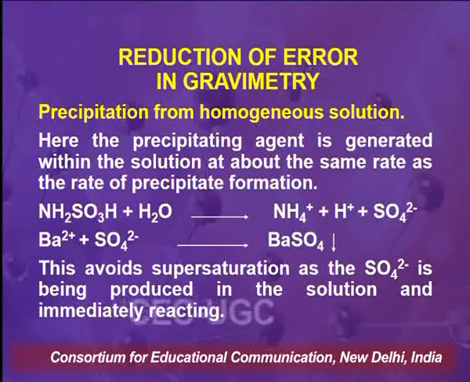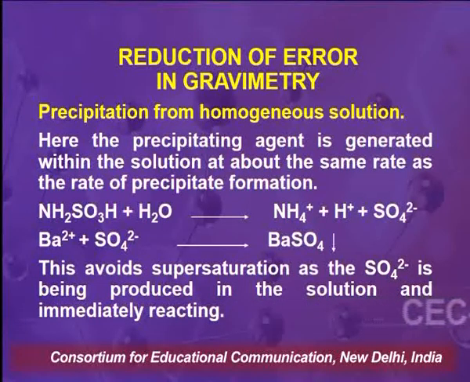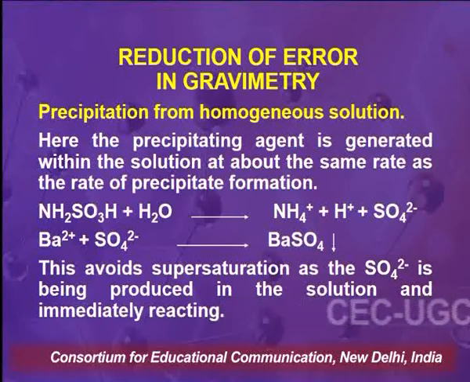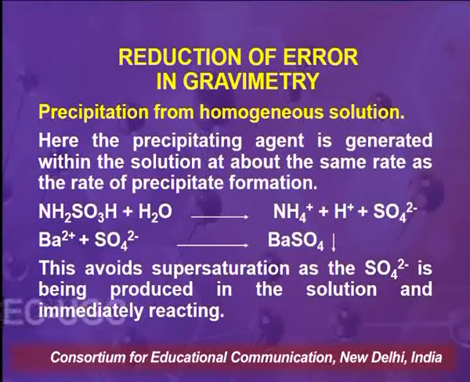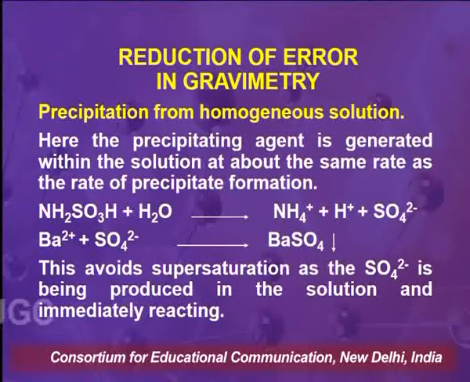This avoids supersaturation, as the sulfate ion which is being produced is in the solution and is immediately reacting with barium ions to form barium sulfate. So, it gives no time for supersaturation to occur within the solution, because the rate at which sulfate ions are being formed is similar to the rate at which barium sulfate precipitate is being formed.